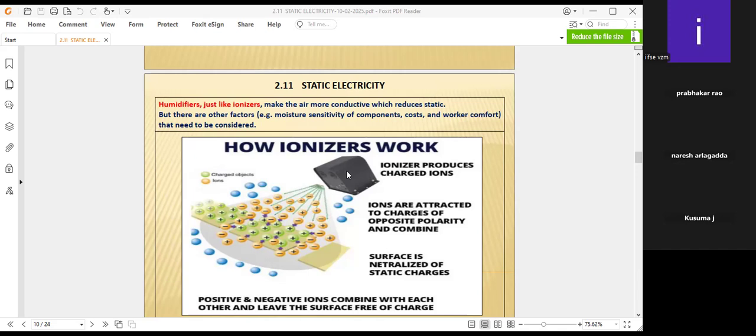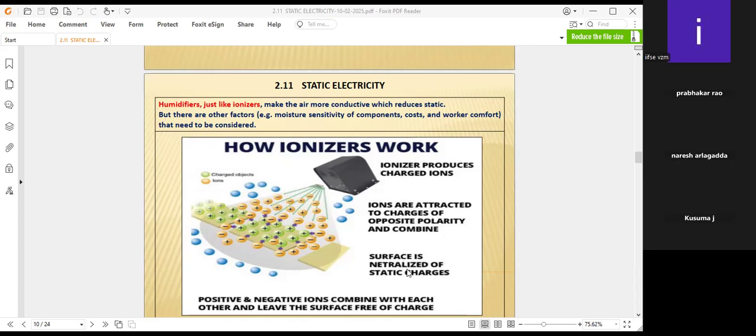The ionizer releases charged ions. They will mingle with the electrically charged body. They will act as friends and enemies: enemies repel each other, friends attract each other. Finally, they make friendship with the charged body, and the surface of the charged body becomes neutral.